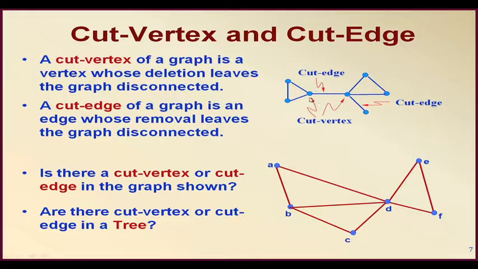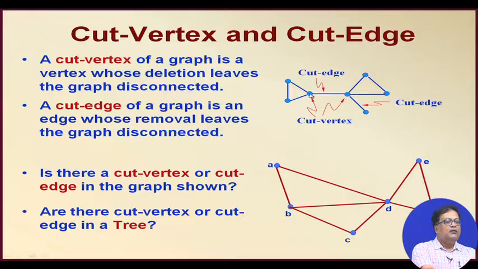Just imagine that this is a particular road, and these are the two cities, and anything happens to this city or this road, all the traffic that goes from here to here will be disrupted. Or imagine that this is one locality and this is another locality, and this is the network or communication connectivity.